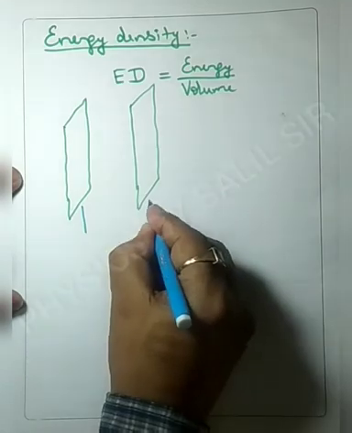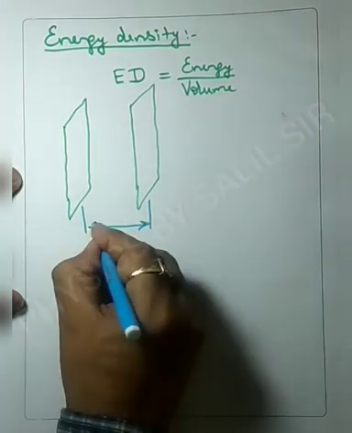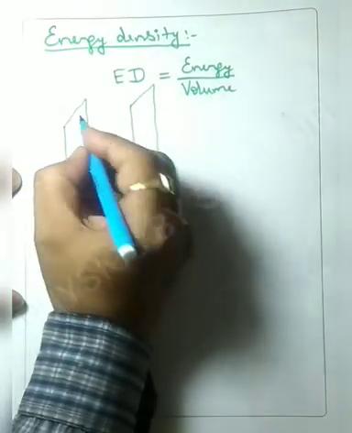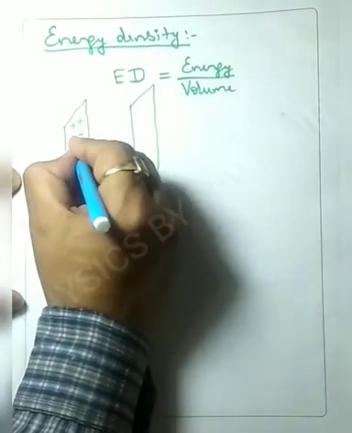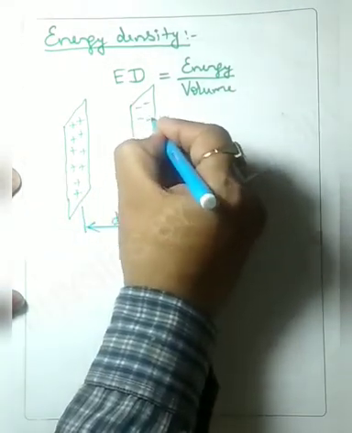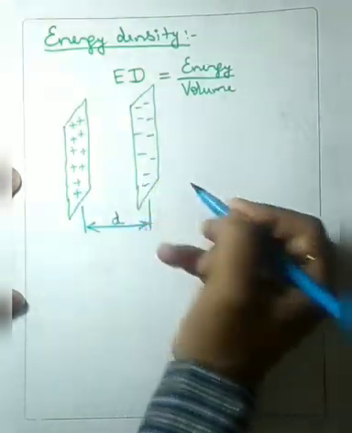Suppose the distance between these 2 plates of the capacitor is small d, and the charge on the first plate is positive, the second plate is negative.